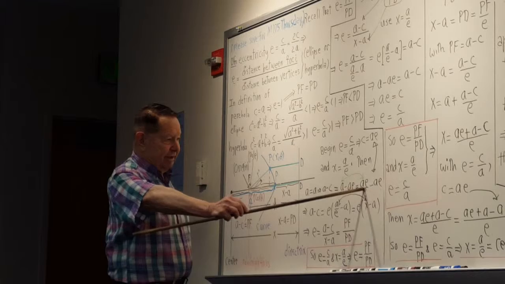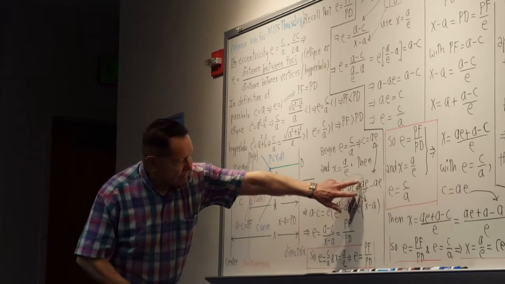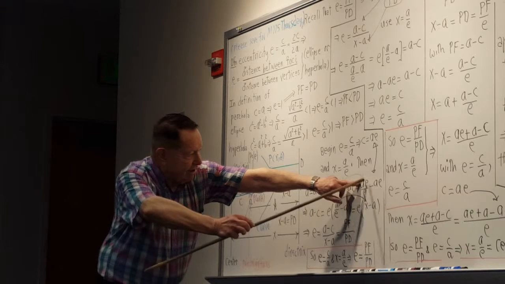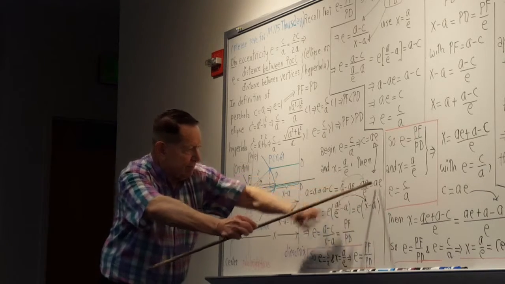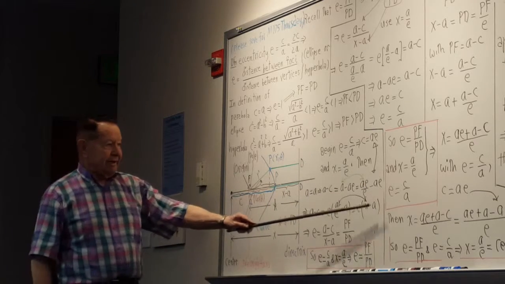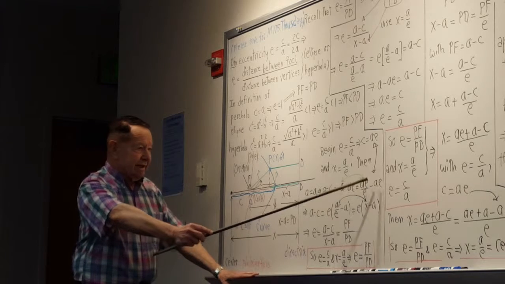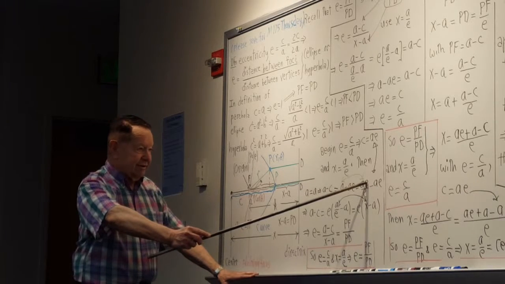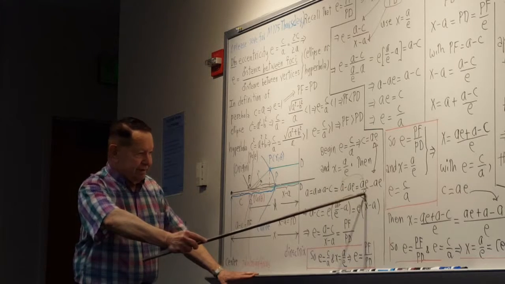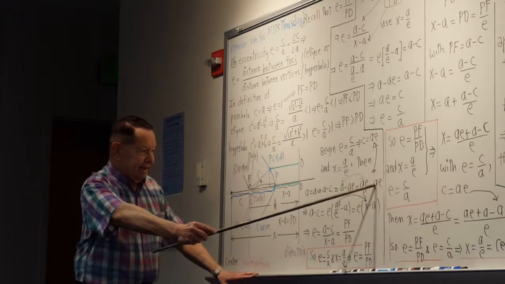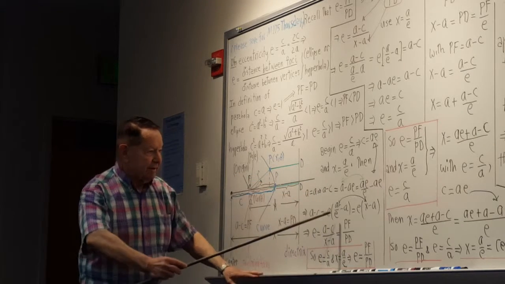I'm just multiplying it by 1. So this a is rewritten as ae over e, and then the ae is there. So now I can factor this e in the numerator, and so it's e times this a over e minus that a. And that still equals a minus c.